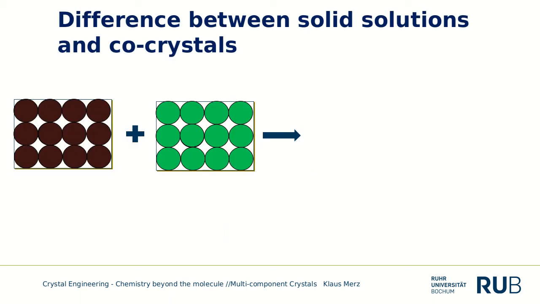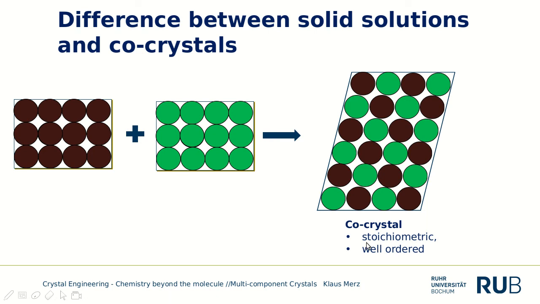First, have a look at the difference between a co-crystal and a solid solution. I have two components here, crystallized together, and you will get a multicomponent crystal, in this case a co-crystal. You have stoichiometry, and this is well ordered.